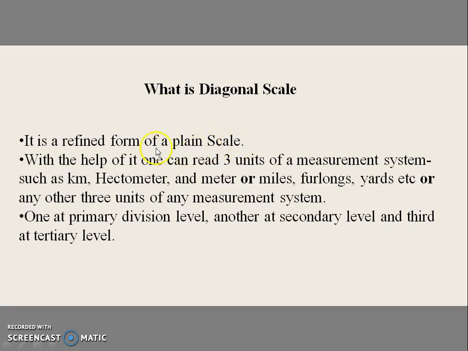Other types of graphical scales provide us reading of only two units of measurements, such as kilometer and meters, miles and furlongs, or furlongs and yards, etc. However, with the help of a diagonal scale, one can record three units of a measurement system, such as kilometer, hectometer, and meter, or furlongs, yards, inches, or any other three units of any measurement system.